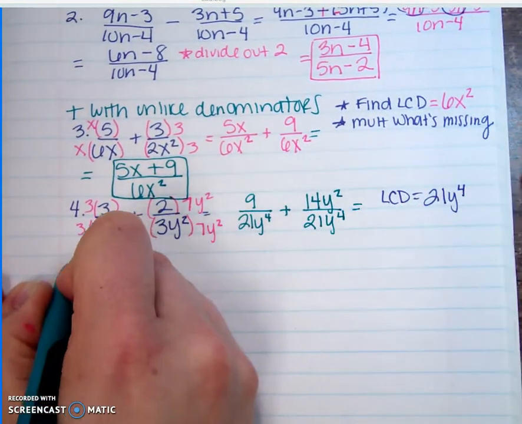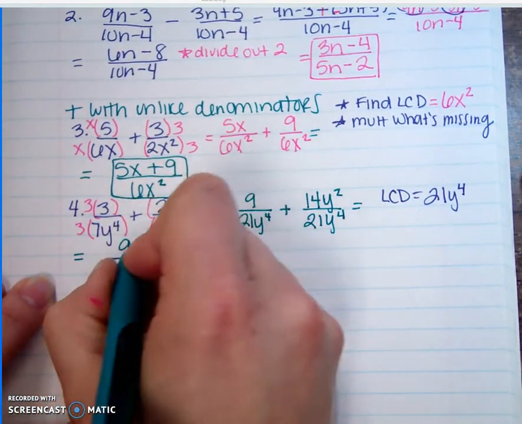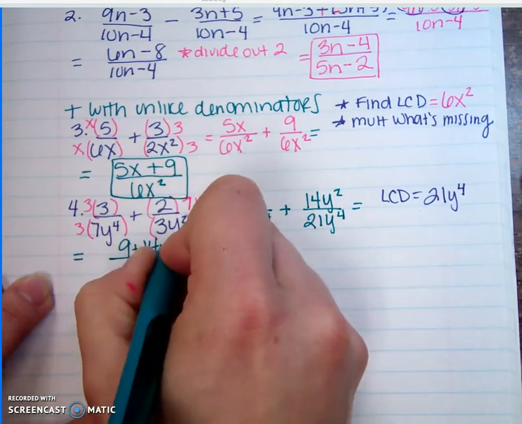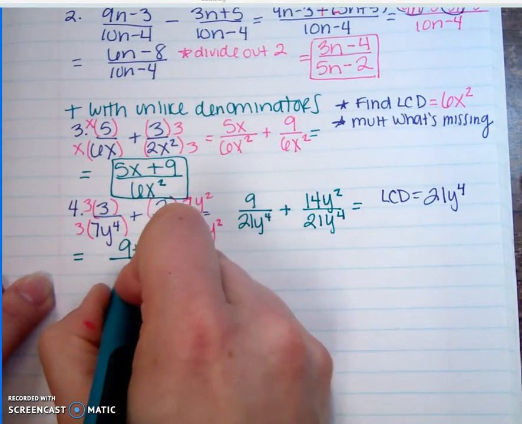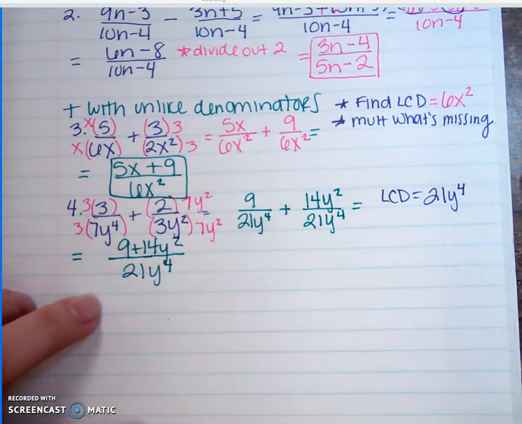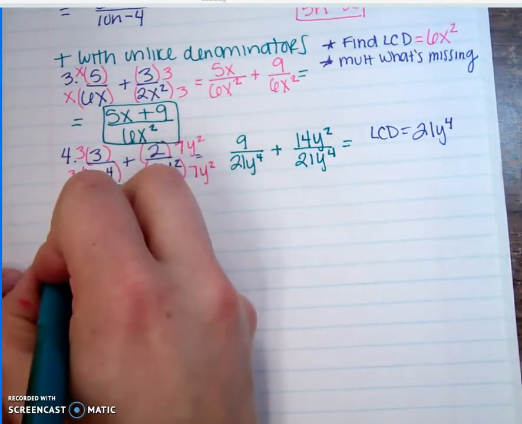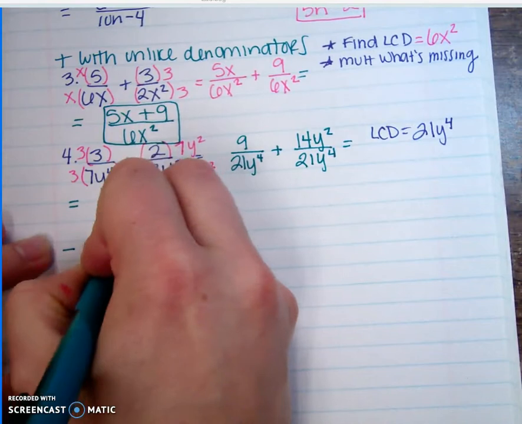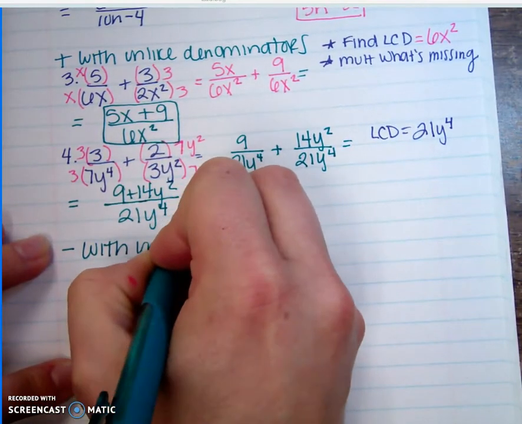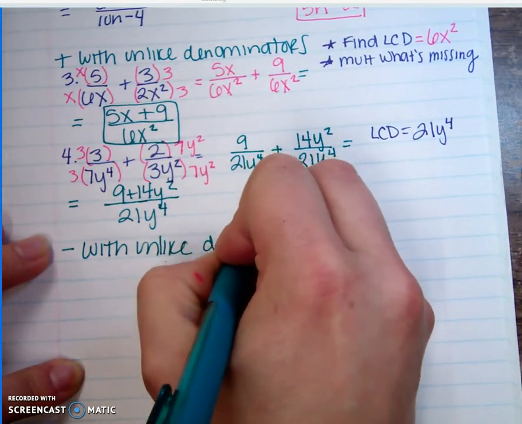Add across the top: 9 plus 14y squared over 21y to the 4th. And that's your final answer. Can't simplify anything. Now, if we were to subtract with unlike denominators.